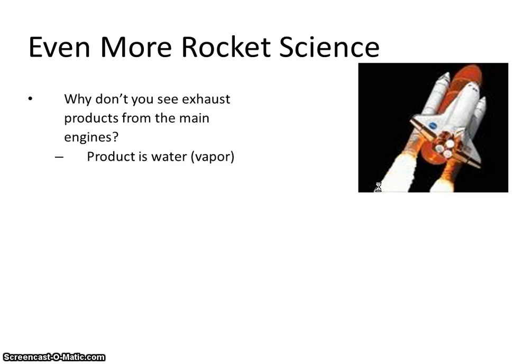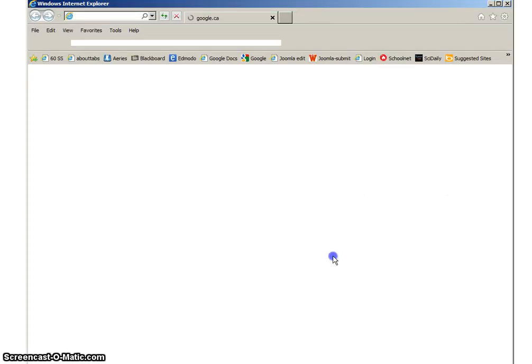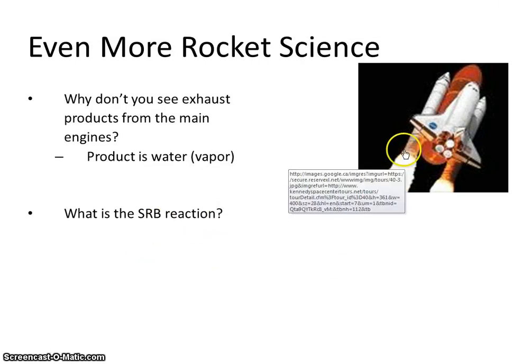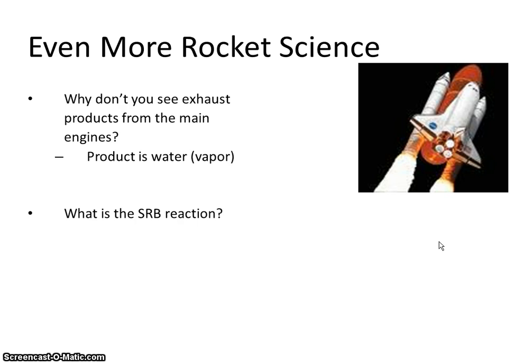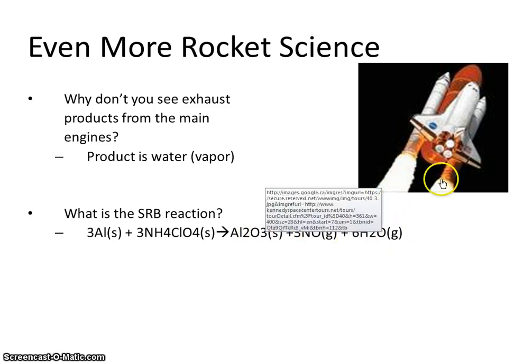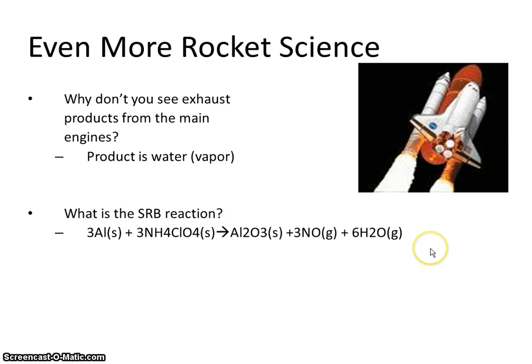But again, back up on that. The secondary reaction, these solid rocket boosters. Here's the reaction: aluminum and ammonium perchlorate was found to be a very exothermic reaction, and it produces aluminum oxide, nitrogen monoxide, and water. And that's what we see as products coming out of the solid rocket boosters.